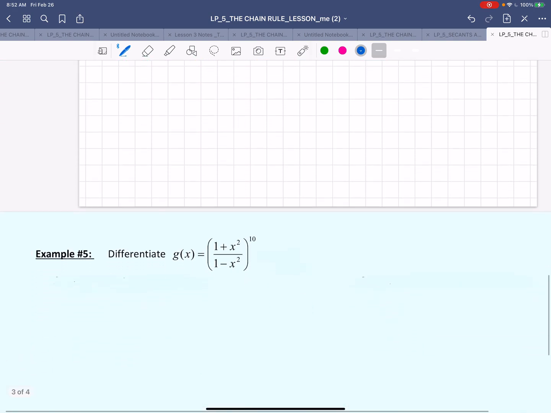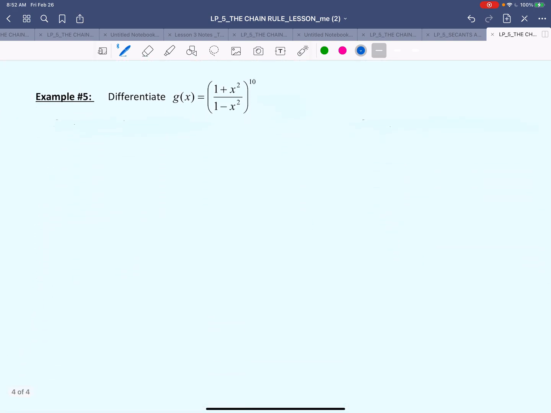So the next example is the example of a quotient rule and a chain. So we have a power of 10 and inside function is a rational function. So we start off with the power. So g prime x equals 10.